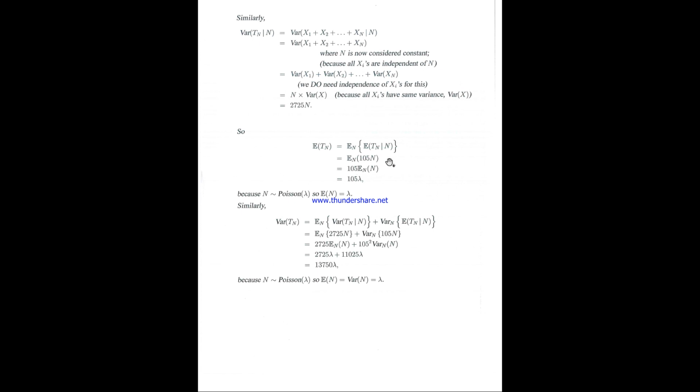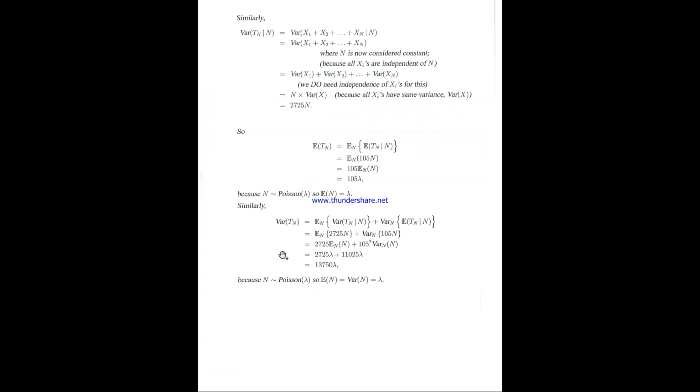So if you find the expected value of this over the range of n, you can take 105 out. That is the expected value of n over the range of n. We know n is the number of customers visiting the ATM machine, so that has a Poisson distribution. If you take lambda, the expected value, you can replace it by lambda.